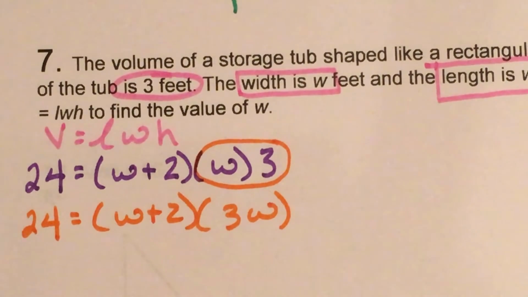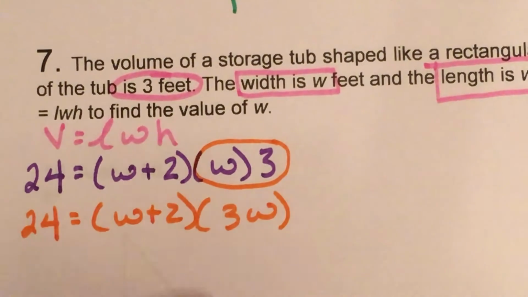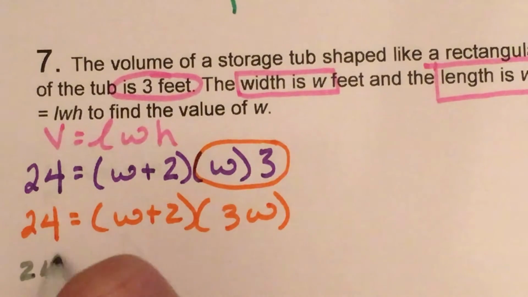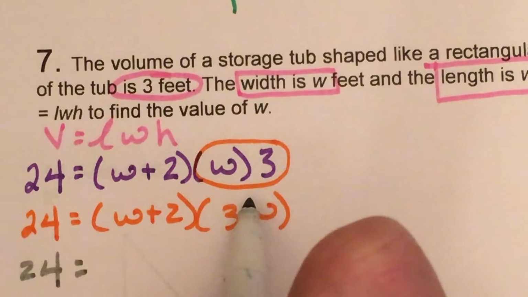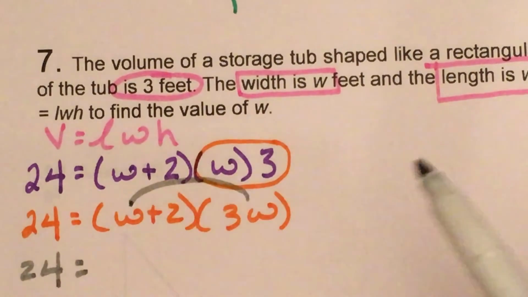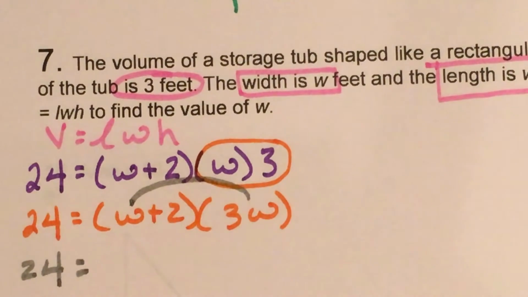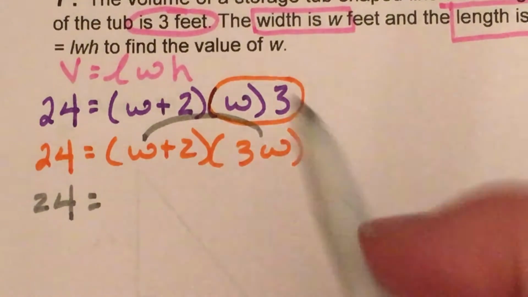So why did I want to do that? So that now I can go ahead and distribute this 3W into the binomial that's in front of it.